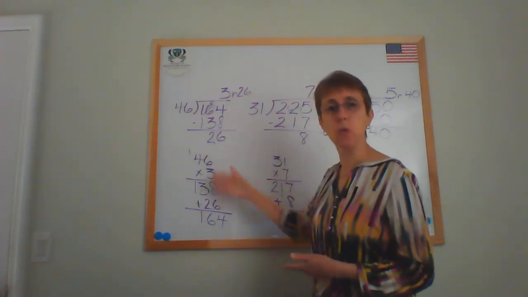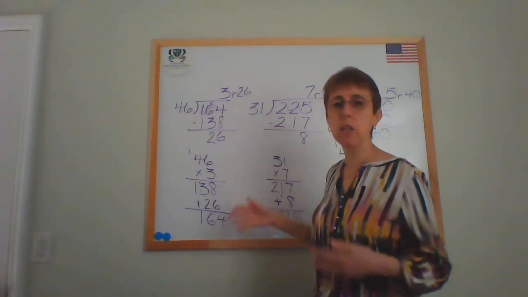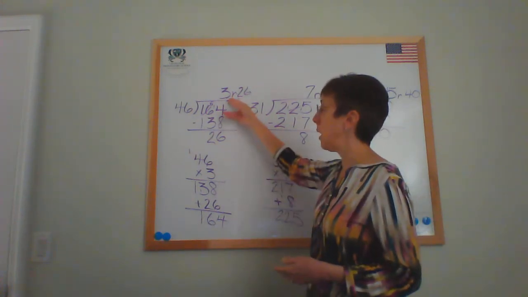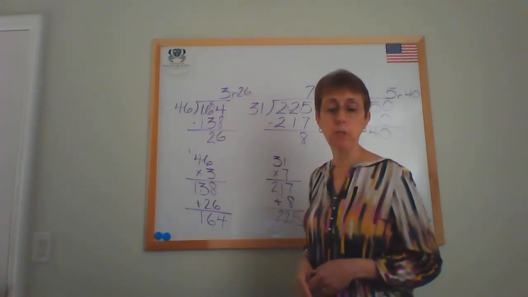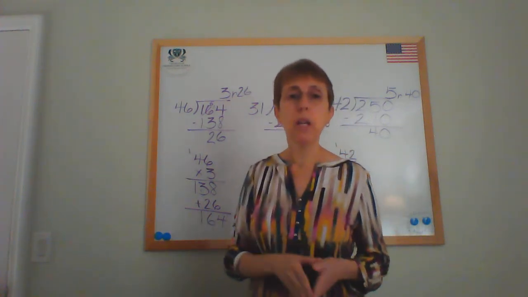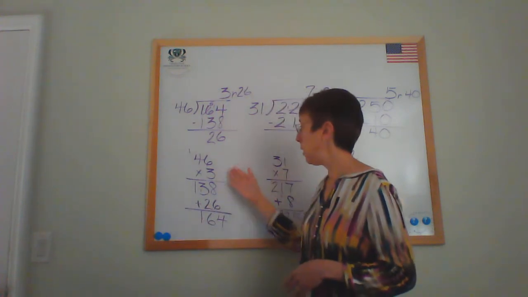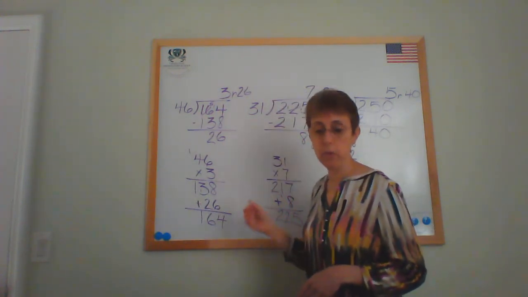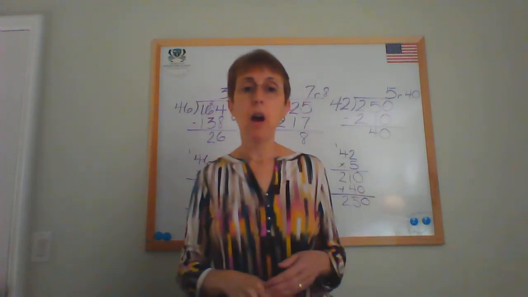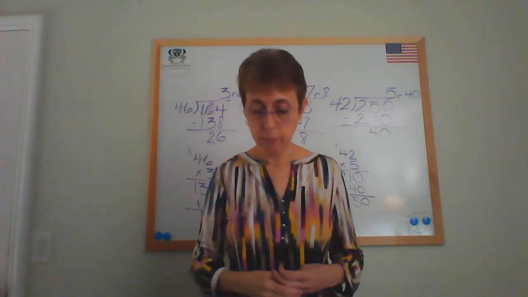If you do your multiplication checking, you'll see that you're way off, and that will help you realize what you did up here. So again, work carefully, line things up neatly, and go back and do these multiplication checks. That will help you know if your answer is correct or not.